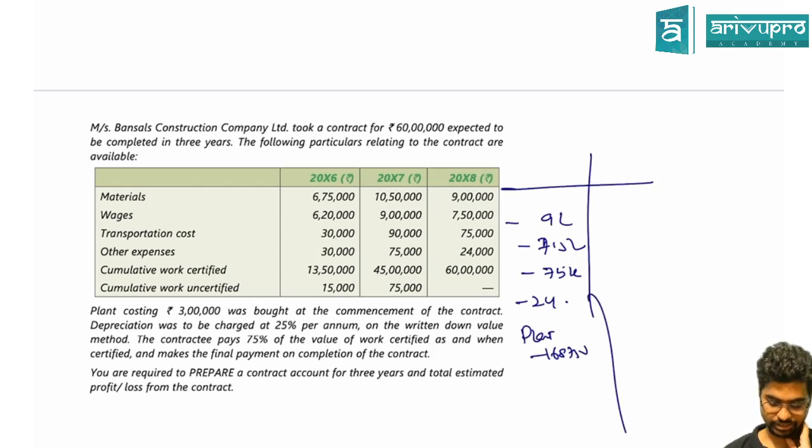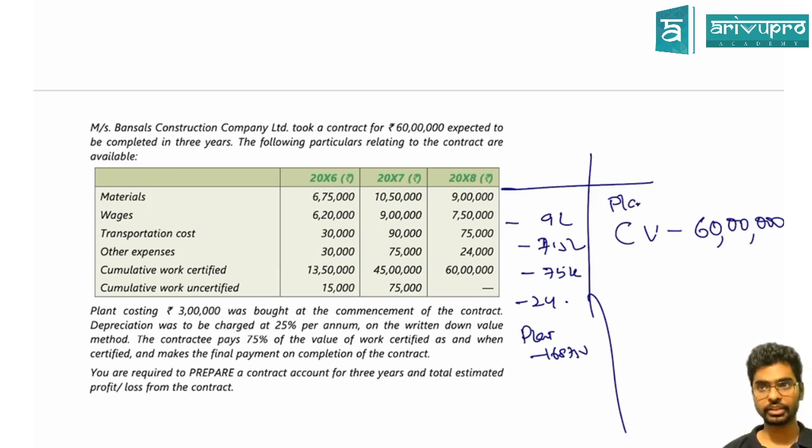On the other side, now it's going to be just the contract value 60 lakh. Correct? Then I will have a plant value which is 126,563, that is 25% of it. Anything else I have missed out in this?